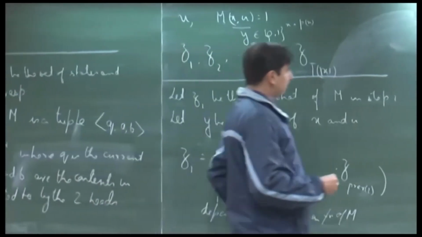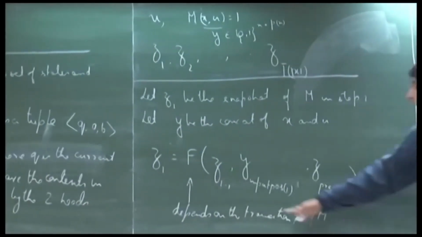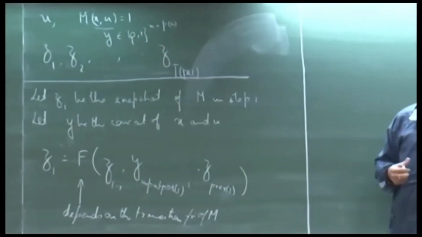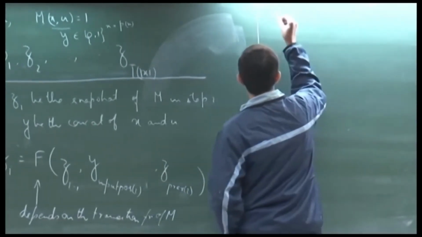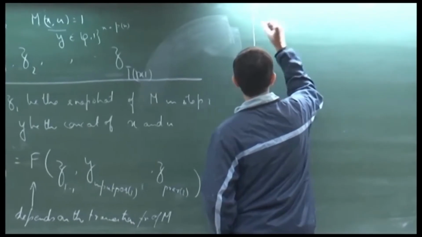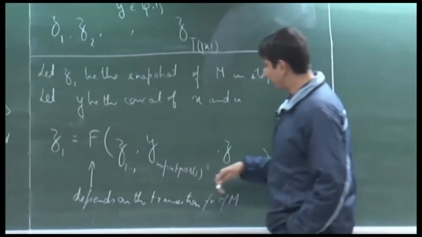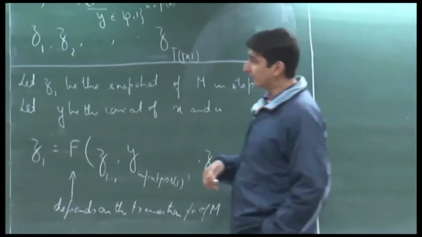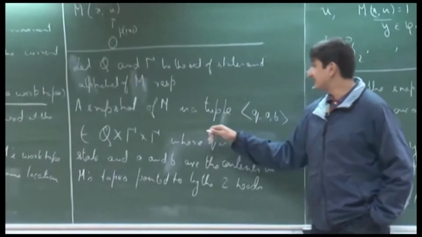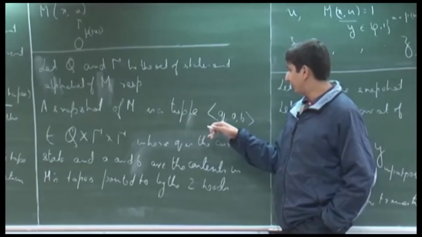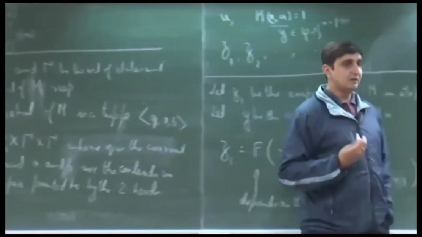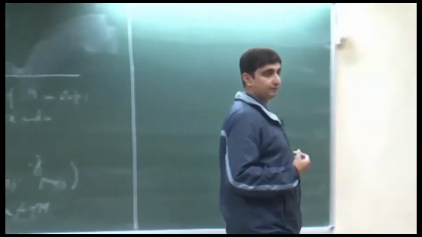So, what is the size of this argument that the function takes? Before we look into that, let us look at what is the size of a snapshot. Suppose you look at a particular snapshot, how many bits does it require?